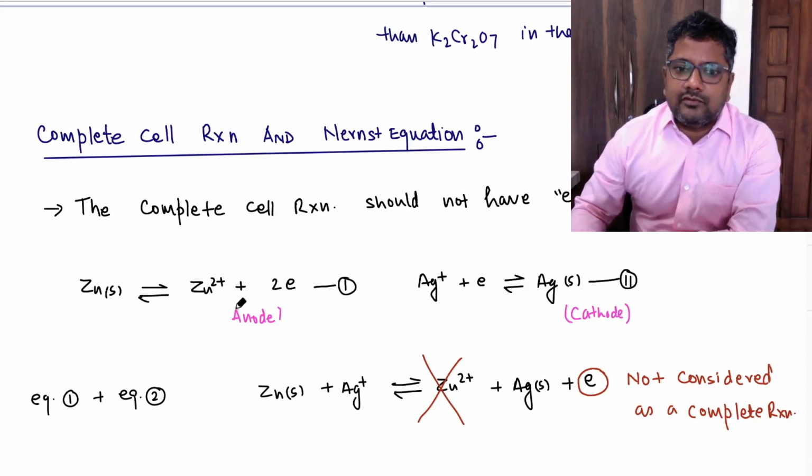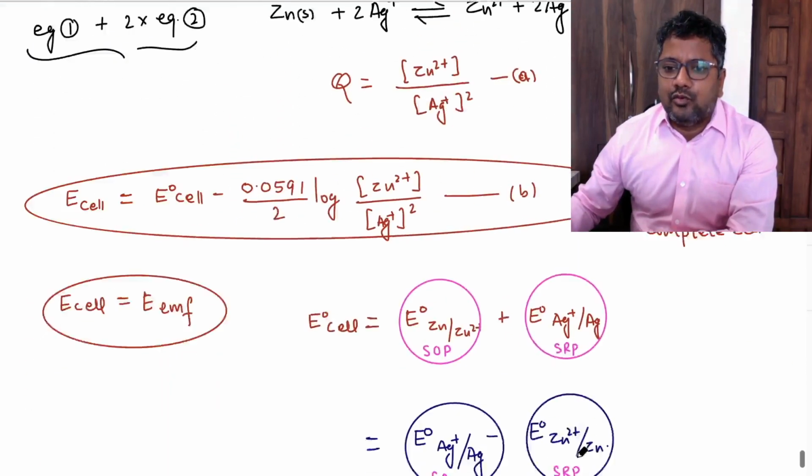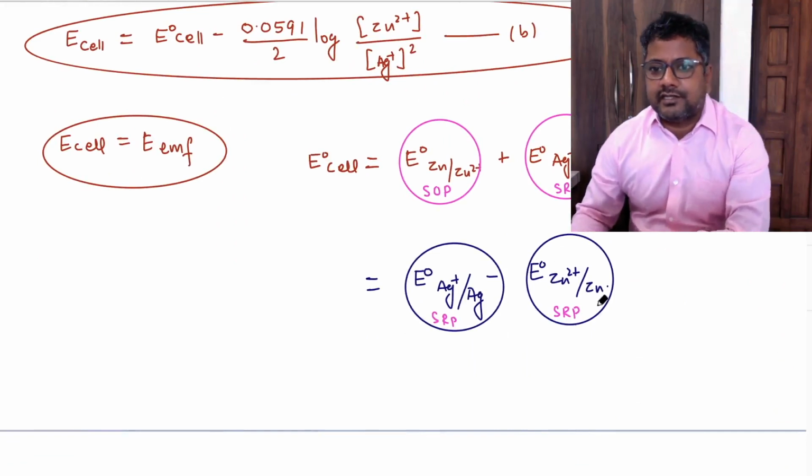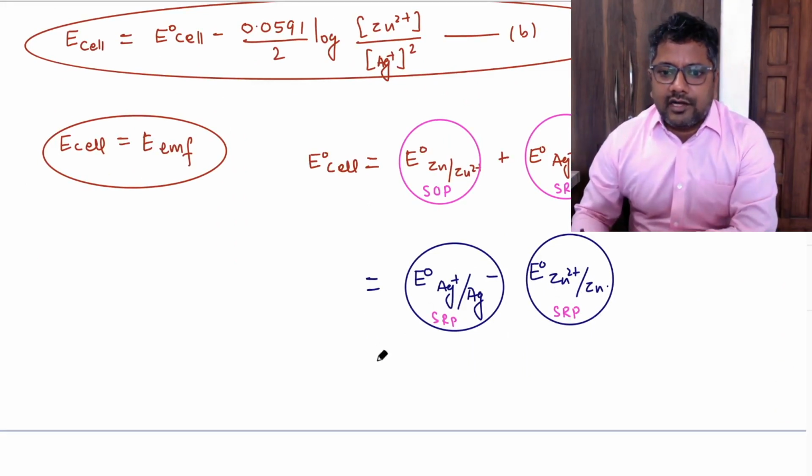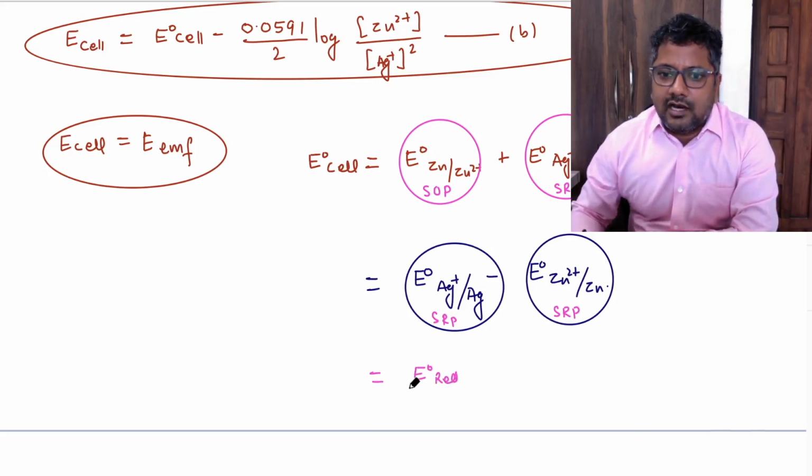So if you are taking reduction on both electrodes, because this is standard, then you can simplify this as E naught reduction of cathode minus E naught reduction of anode.